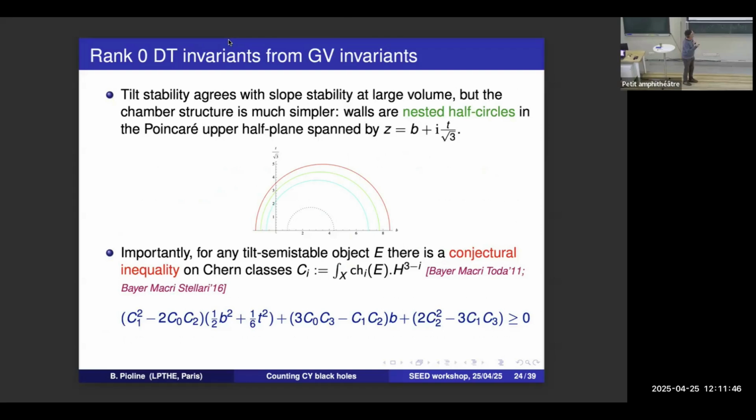And Bayer, Macrì, Toda have given a conjectural inequality for the existence of stable objects in that slice. It was a key ingredient in constructing a full Bridgeland stability condition. And so the claim is that if you choose the Chern classes to be small enough, there would exist a small region inside this upper half plane under this dotted line where the index is 0.